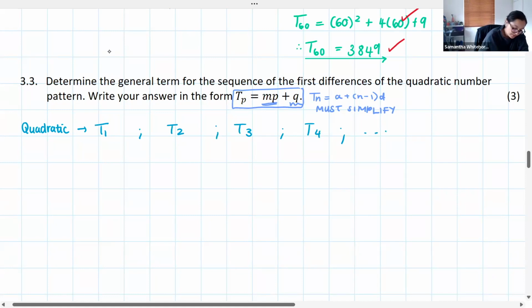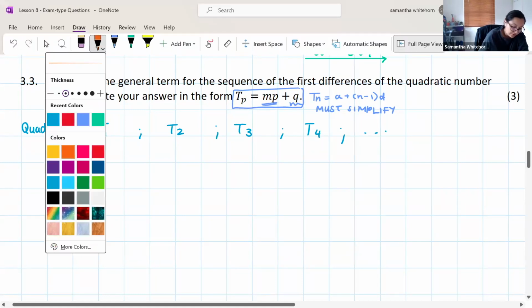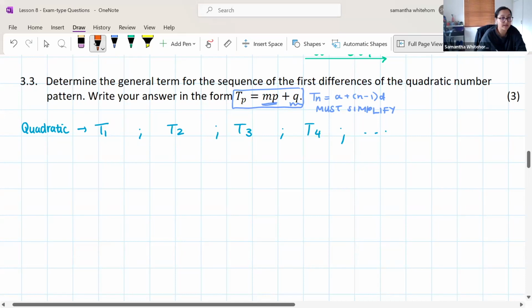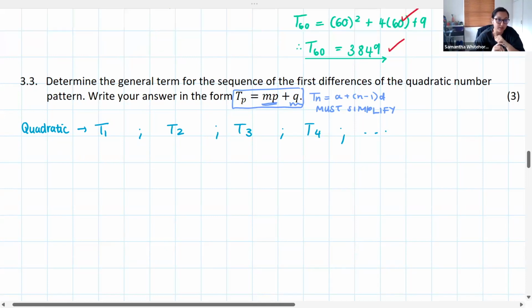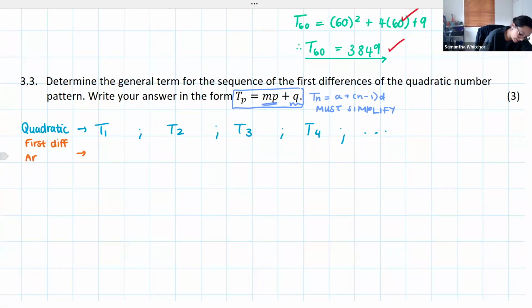We also know that the first differences of a quadratic number pattern form an arithmetic pattern, so form a linear pattern. So here, my first differences form that arithmetic pattern.